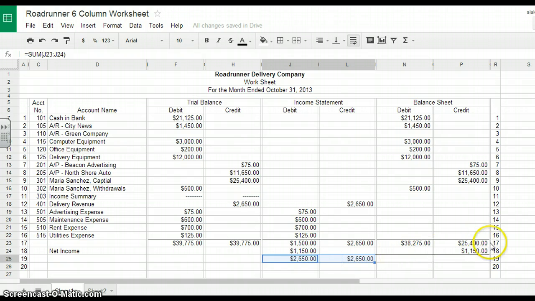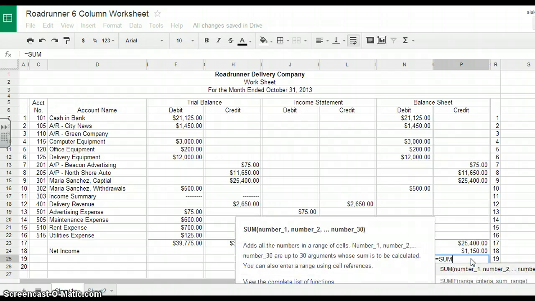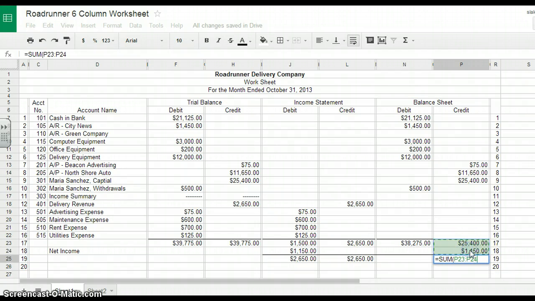Now let's try it over here on the balance sheet. If we take the sum of these two columns here, we've got 26,550, which does not equal what we have here. So we've got to go back and figure out, what's our problem here, okay?